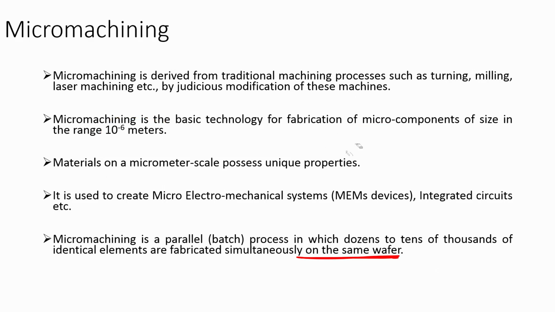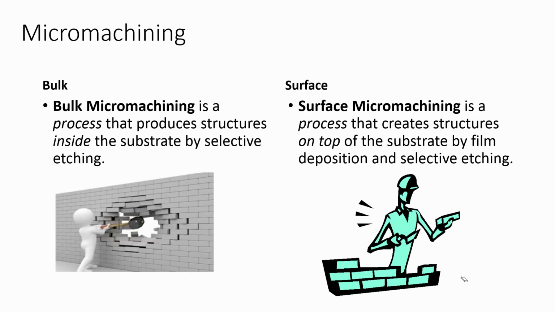So, now let us further see bulk and surface micro machining, right. Bulk micro machining is a process that produces structure inside the substrate by selective etching. You see, he is only etching this part, right, he is only breaking this part, remaining parts are intact.